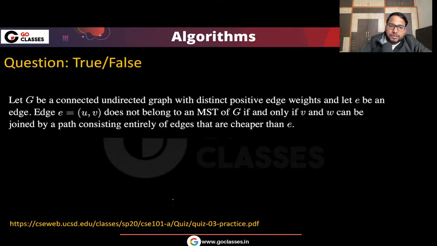Now let's see this question. This question I have taken from UCSD University. So what they are saying: let G be a connected undirected graph with distinct positive weights, right? And let E be the edge UV.